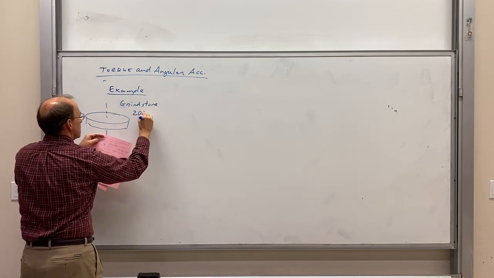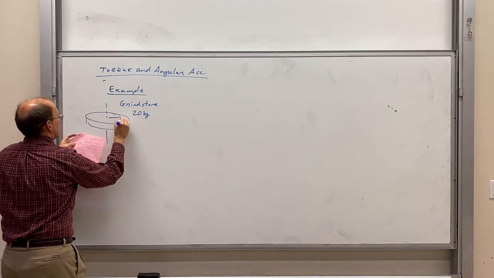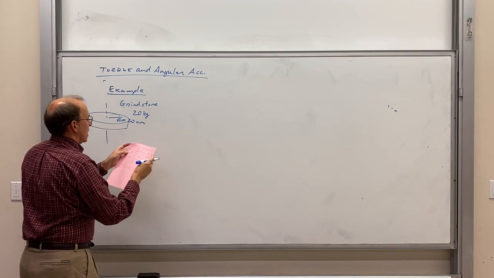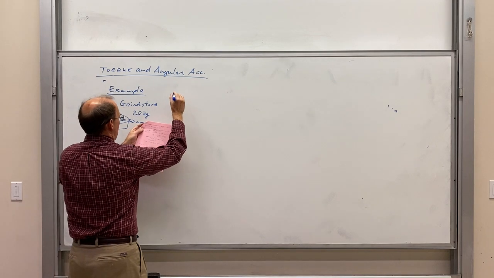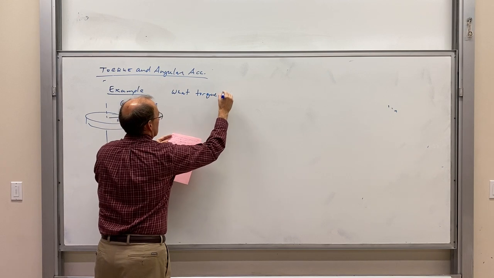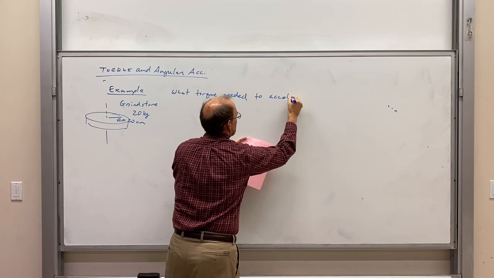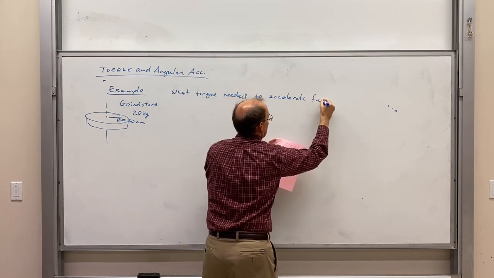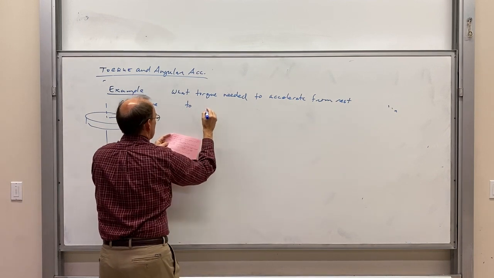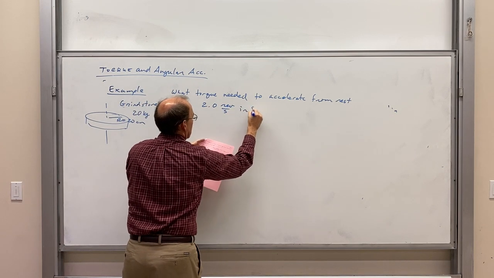It's 20 kilograms and has a radius of 20 centimeters, and I want to know what torque is needed to accelerate it from rest to 2 revolutions per second in 8 seconds.